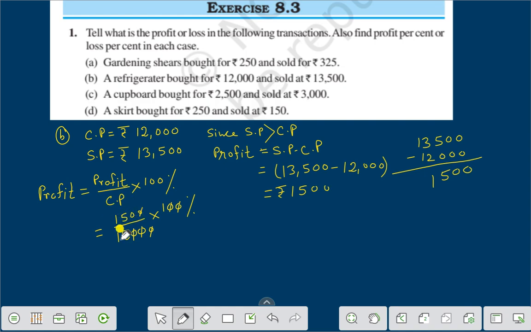Now if we divide 150 by 12, that is if we divide by 2, that is 2 6 is 12, 2 7 is 14, 2 5 is 10.